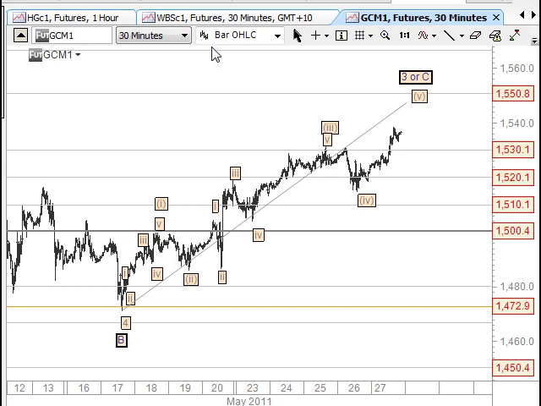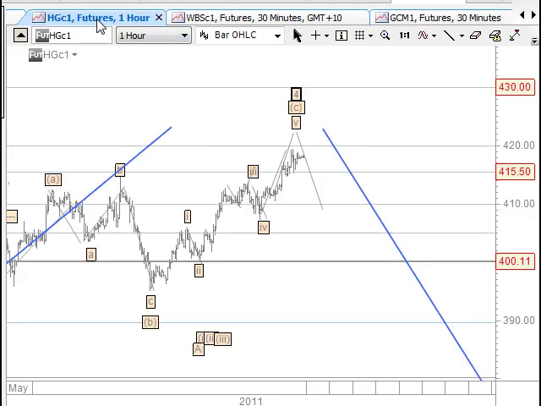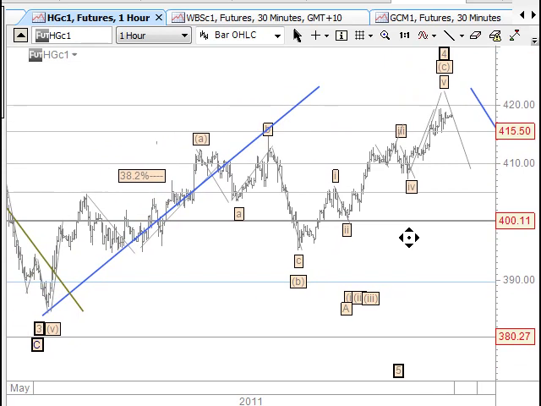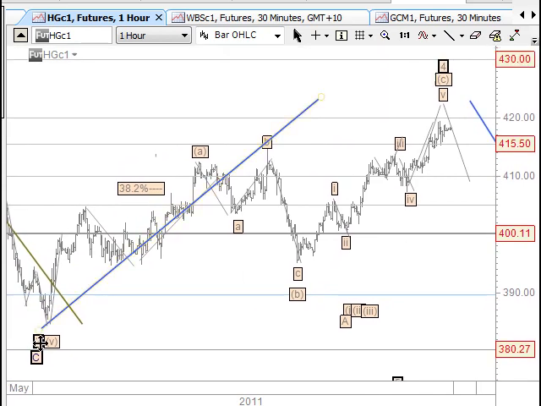And copper's a bit the same as well. So when we're looking at copper here, we've been looking at this as a corrective 4th wave, okay? Originally we had the 4th wave here, but we figured that it was a little bit small, so we're seeing it expand out now. So in terms of an A and a B wave to here, and a C wave up here.